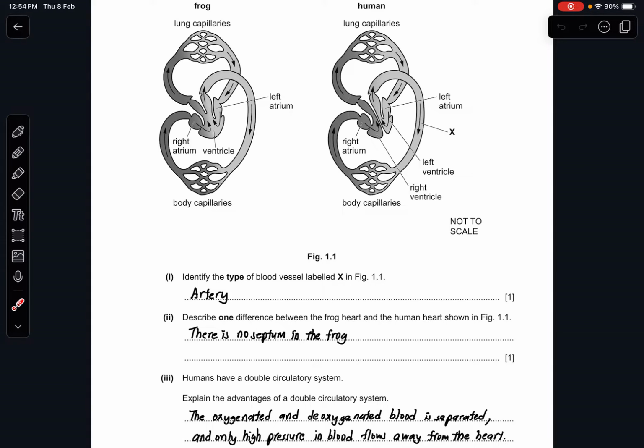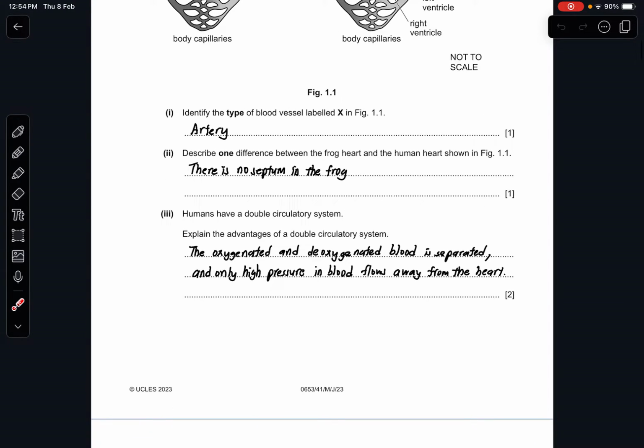You could also say that the frog has only 3 chambers, while humans have 4 chambers. And you can also say that frogs have only one ventricle, while humans have 2 ventricles.